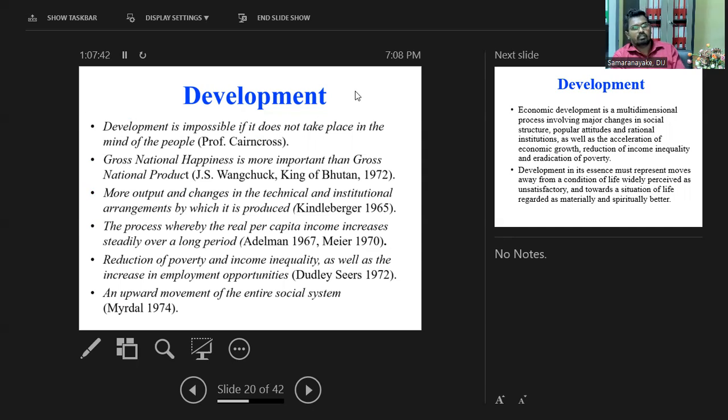That's one of the reasons why I am showing such things, where you can search more using your notional hours about these people and the things they said. According to Professor Cairncross, development is impossible if it does not take place in the minds of the people, right? Which is, I think, very valuable for Sri Lanka as well. That's why I want to emphasize it at the first level, at the very top of these ideas.